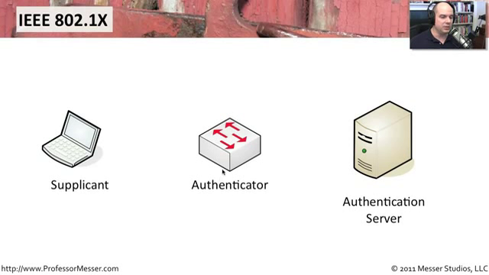There's also something your supplicant will be talking to called an authenticator. And as you might think, that's the device that really is providing a middle ground for authenticating on the network. And then there's something called an authentication server. Your supplicant never really talks directly to the authentication server. Your supplicant on your computer is talking to the authenticator, who's then passing through that information to the authentication server.